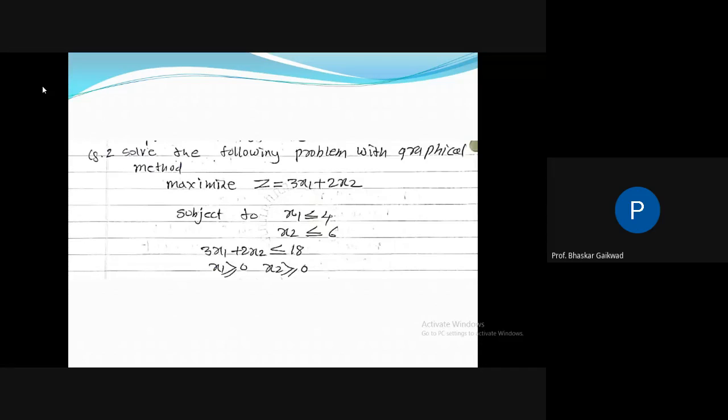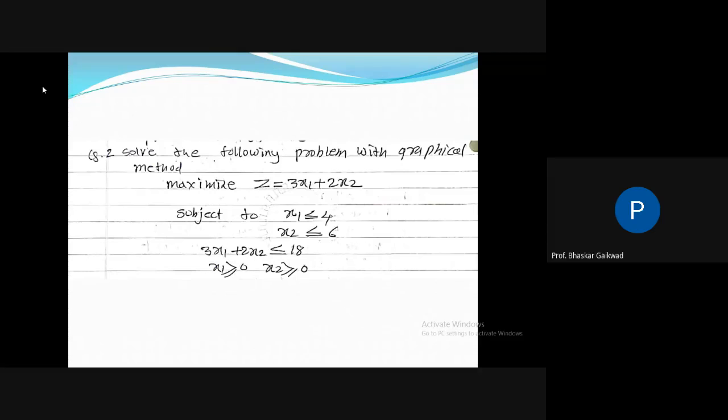The points of intersection will be 4 and 3, 2 and 6, like this. Accordingly, you can calculate the maximum profit. The cross section point is 2, 6, 4, 3. So this is about problem number 2.